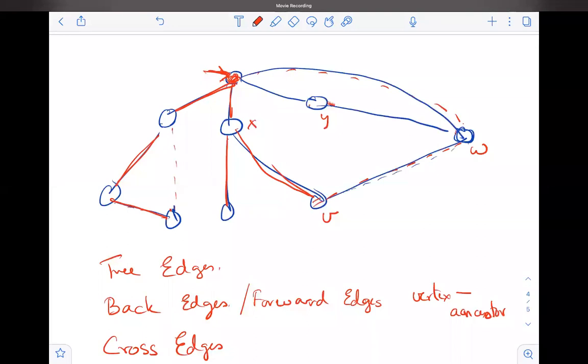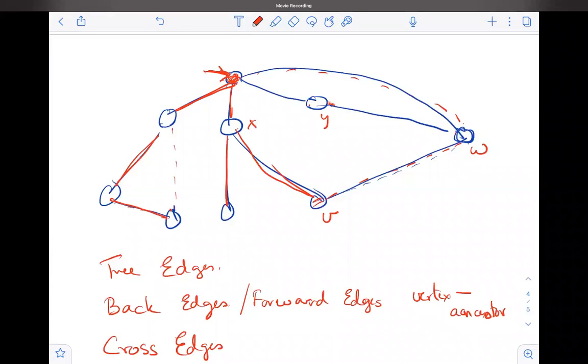Sir, in that case, I will go from V to W. Yes, that means I cannot go back to X. So what you are saying is not possible. The graph has this VW already, right? Yes, sir.